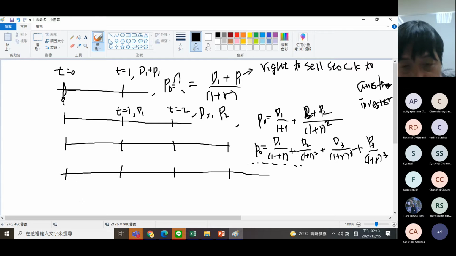The last case, if there's no terminal date, you will hold it forever.